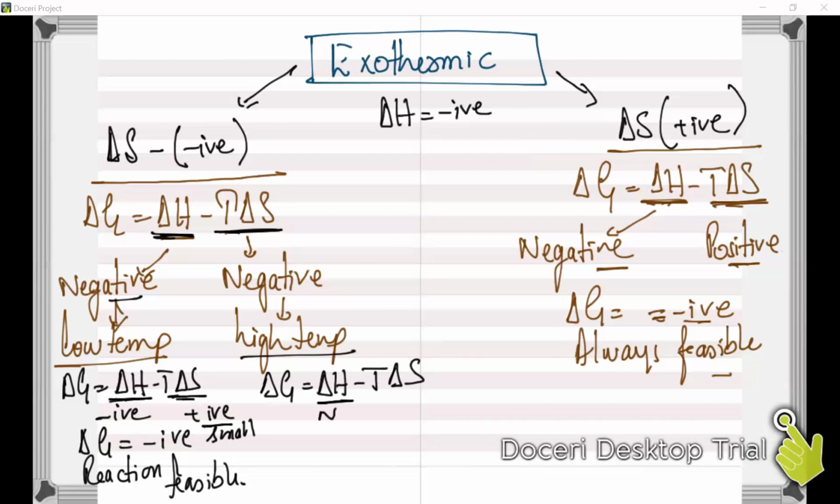This will be a negative and this will be a large positive. So what should the overall answer be? Yes. And here the reaction will be not feasible.